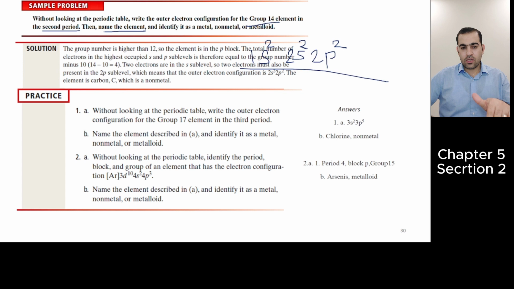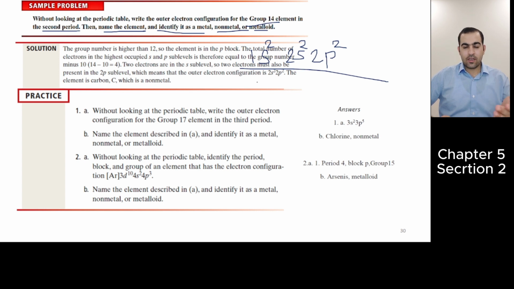If I ask this question and tell you name the element, I must give you the what? The element. But it says identify as a metal, non-metal, metalloid. But you know that for this one, this is carbon actually.